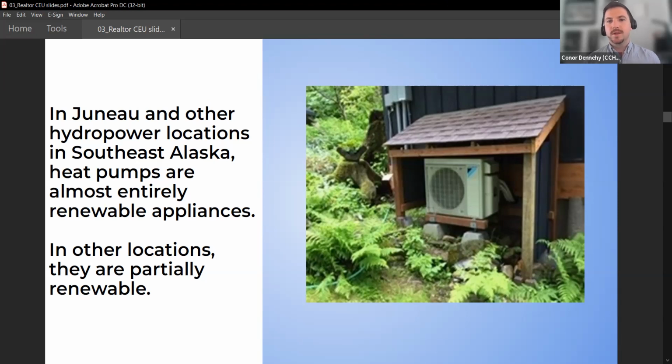Those two things combine for a really perfect fit for heat pumps, where they can operate throughout most of the temperatures that are available, and they've got relatively inexpensive electricity to operate with. When you start looking at some of the other locations where power is more expensive and winters get a little bit colder, that's where the line gets drawn as to where a heat pump will function correctly or not.